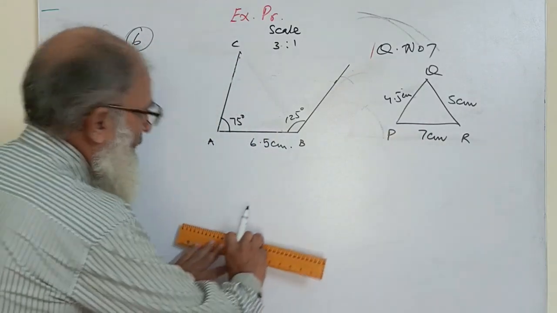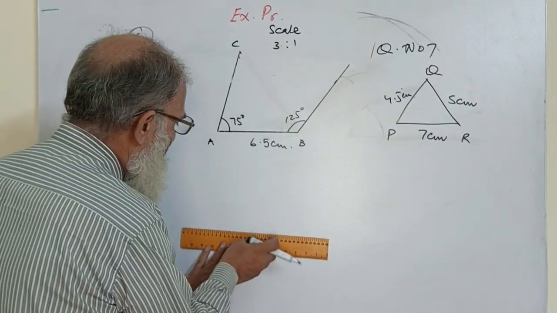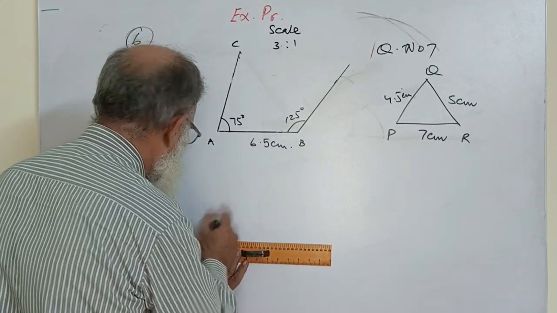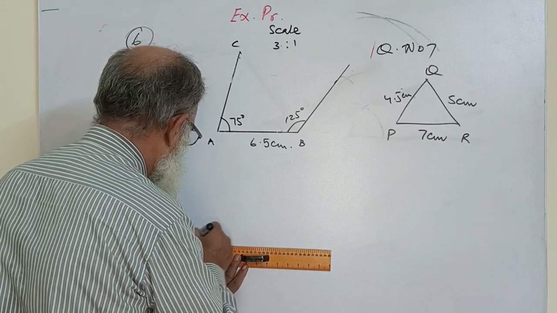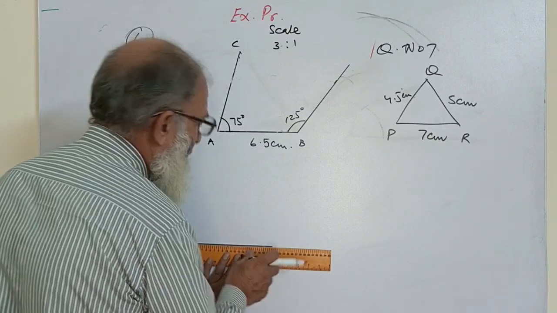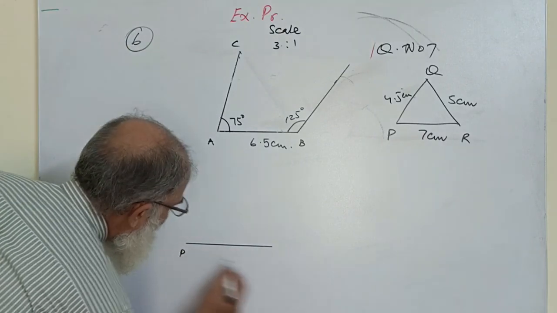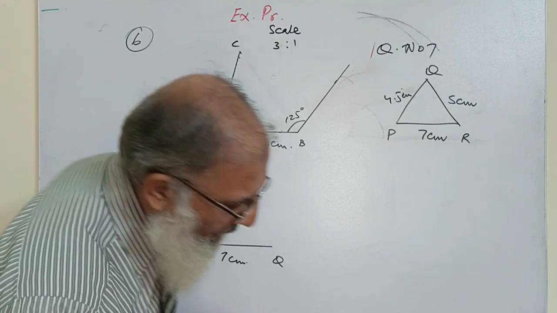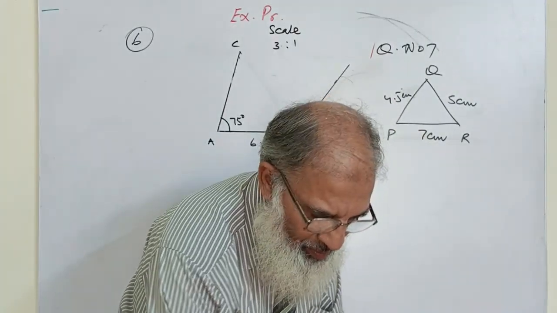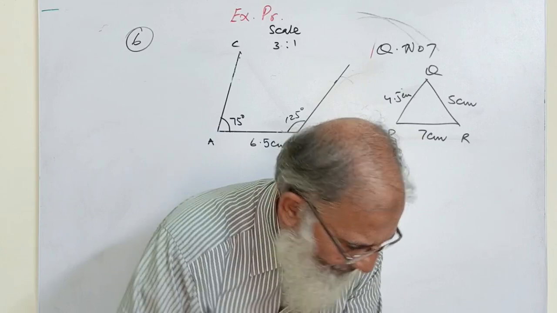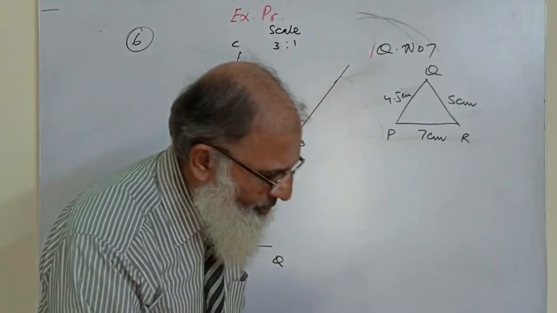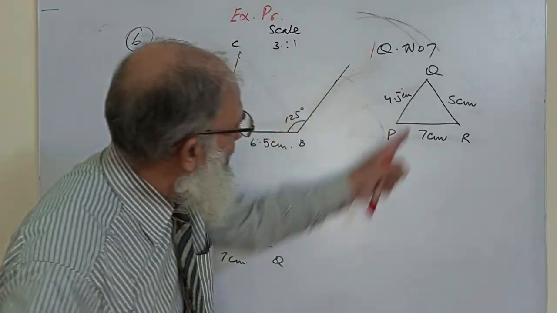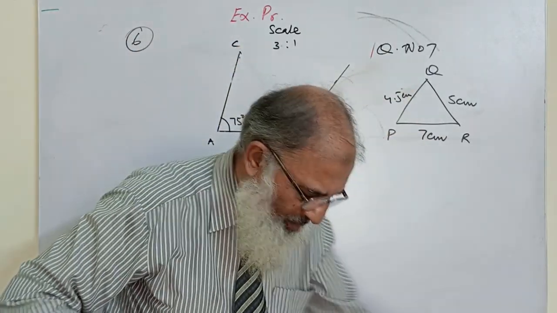Again, not to scale. The scale will remain the same. This is PR and it is 7 centimeter. Set your compass again. QR is 5 centimeter, 5 three times is 15.